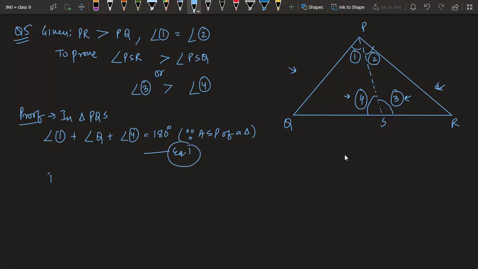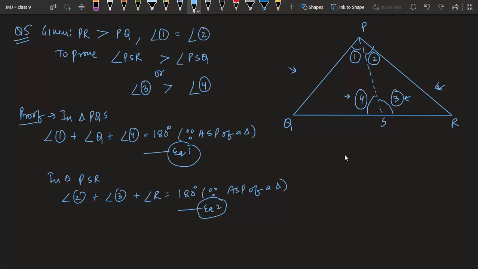Second, in triangle PSR, we can say angle 2 plus angle 3 plus angle R is equal to 180 degree because of ASP of a triangle. Now we have got the hint to bring this angle 3 and 4 onto the same platform, and that hint is very simple.